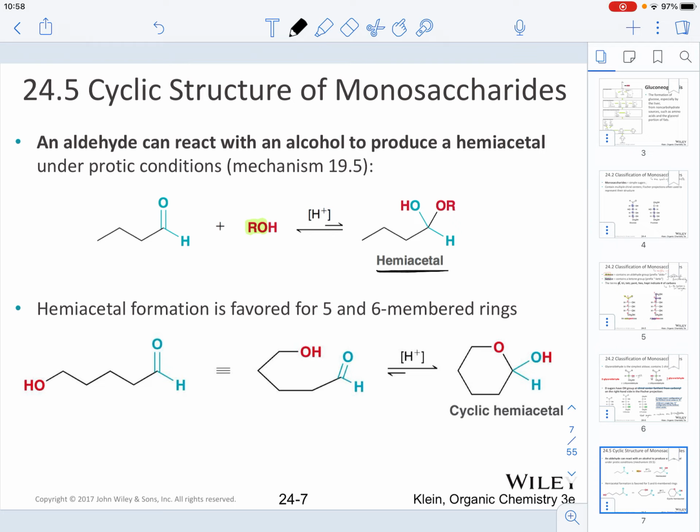Now, for the most part, hemiacetal formation is not favored, but in the case of a carbohydrate, understand that this is going to be an intramolecular reaction. So this is going to result in the formation of a cyclic hemiacetal. And in the case of monosaccharides and other carbohydrates, that is favored.